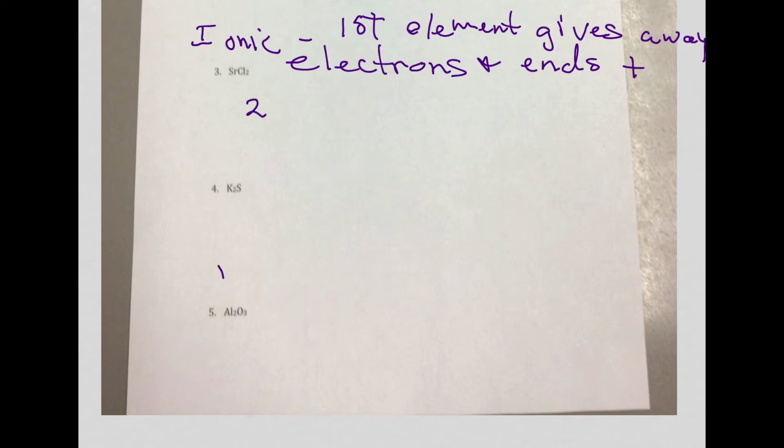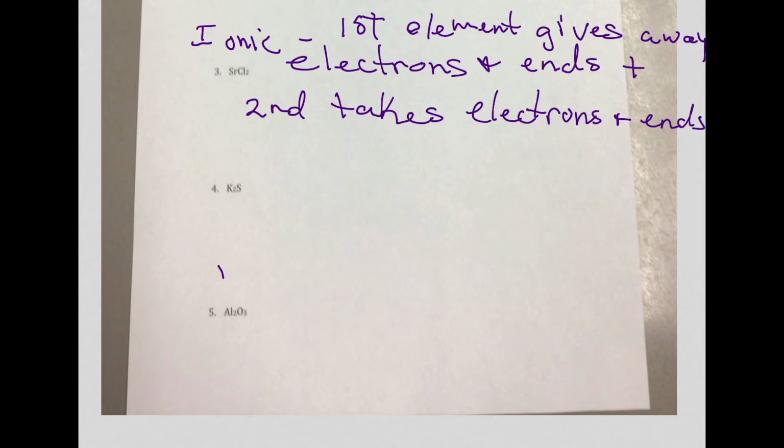And the second element takes electrons and ends negative. So you're taking them off the first one and putting them on the second one.